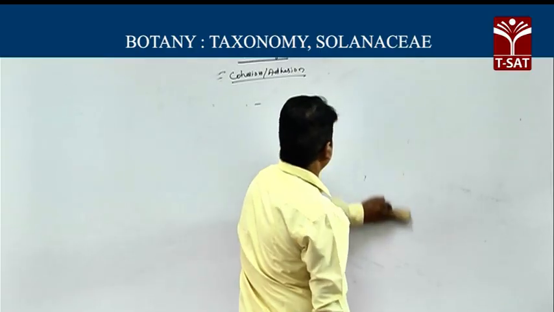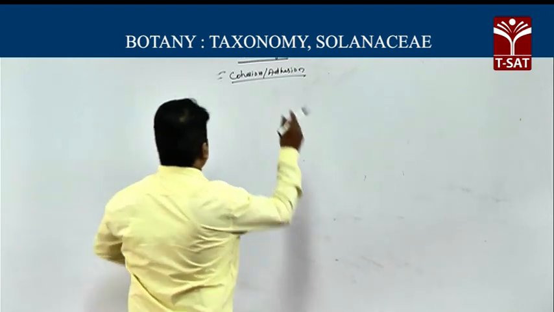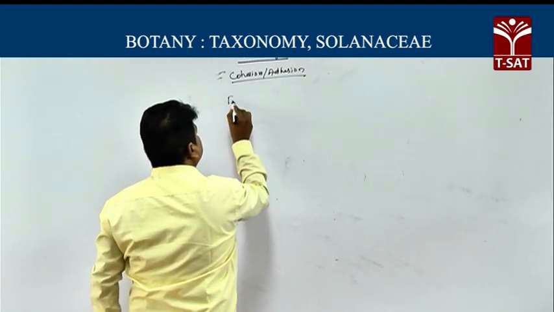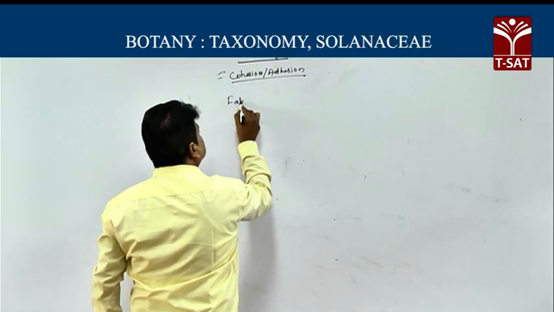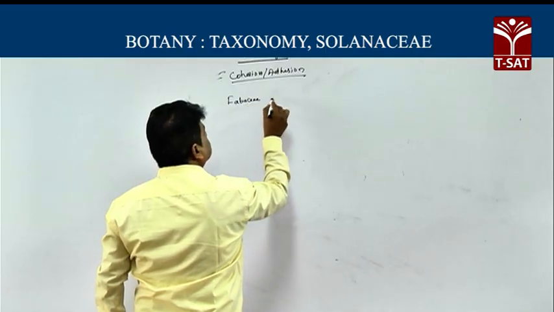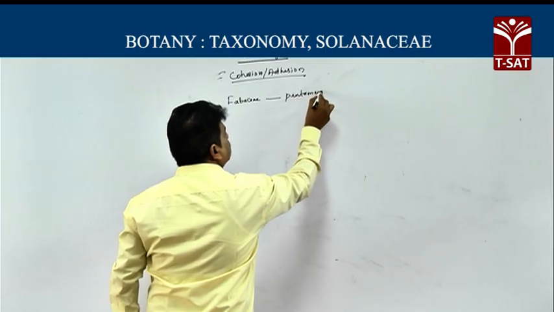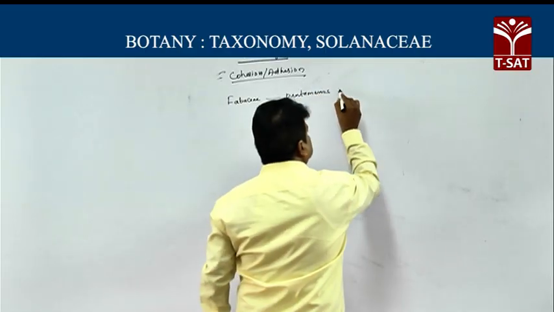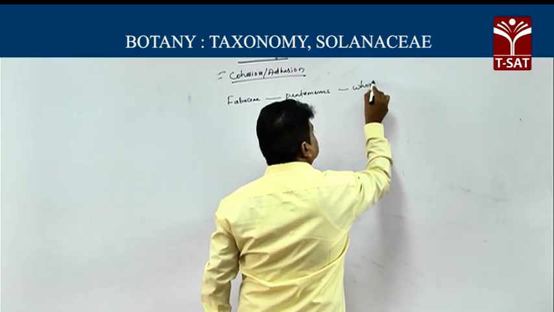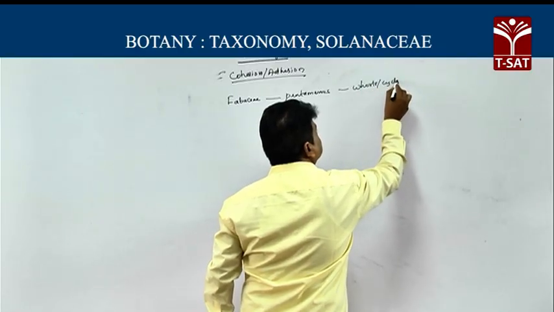Then here Fabaceae, dicot family, so pentamerous, but whorls means cyclic.